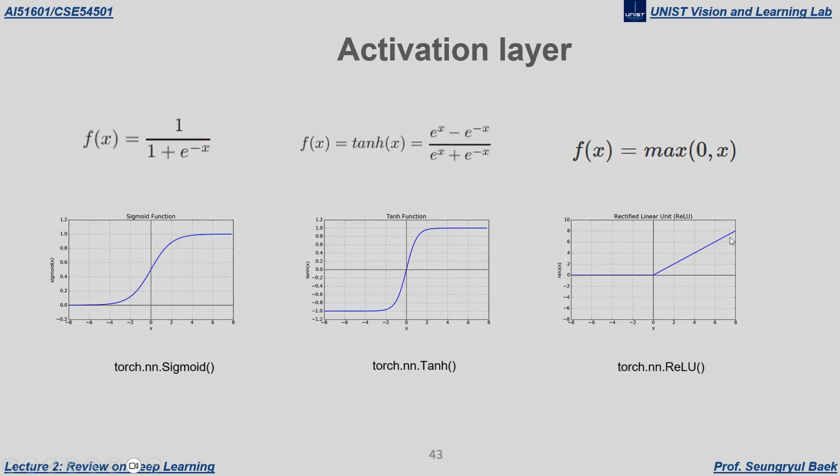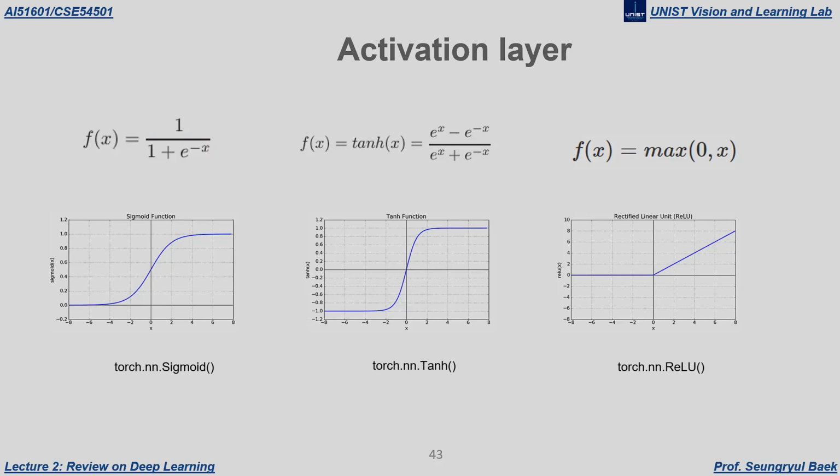When the input is larger than 0, the output y is the same as the input x. But if the input is less than 0, the output becomes 0. This is the ReLU function.